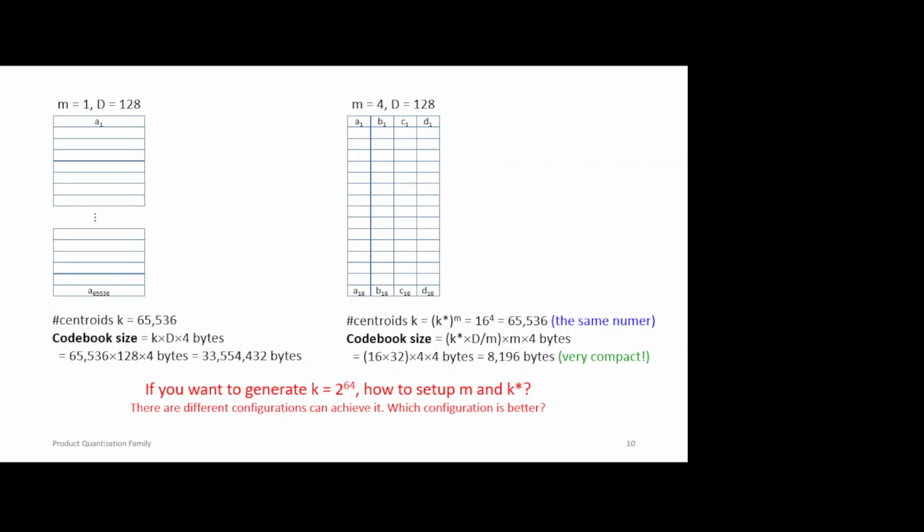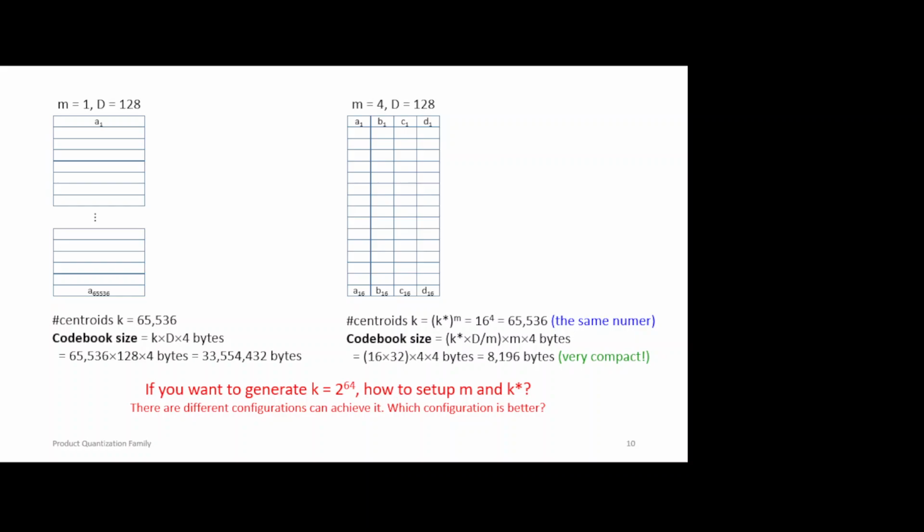Because we divide it into 4 segments, for each segment we use only 16 centroids. So we have 16 centroids for the first segment, and for the other segments we also have 16 centroids. This can be easily done by dividing into four subvectors and running K-means on each, where k is 16. So you can generate 16 clusters.